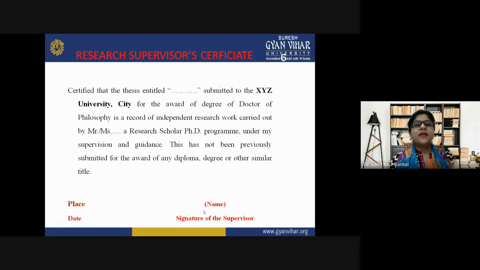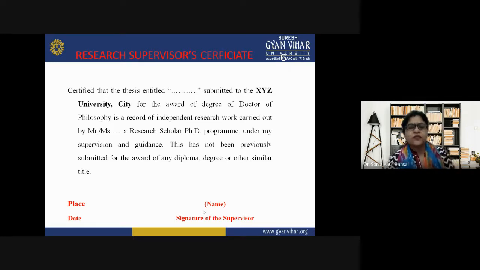So it is certified that the thesis entitled, again you will be taking the name of your thesis or topic, submitted to the XYZ University for the award of degree of Doctor of Philosophy, is a record of independent research work carried out by Mr. or Miss, you will be writing your full name nicely here, a research scholar, PhD program, under my supervision and guidance. This has not been previously submitted for the award of any diploma, degree, or any other similar title.